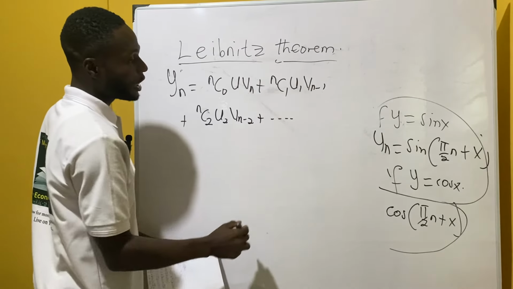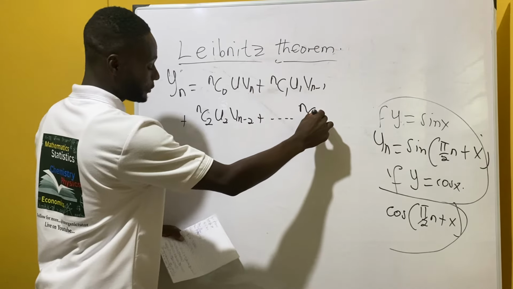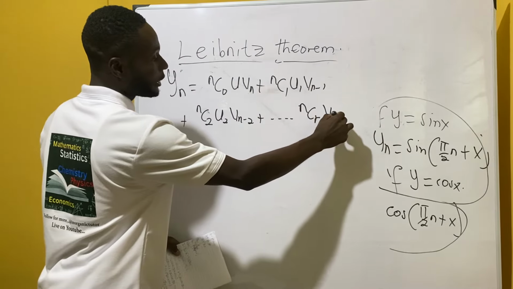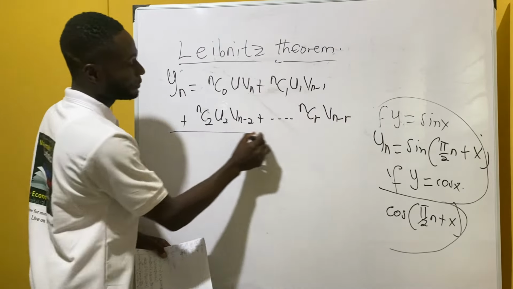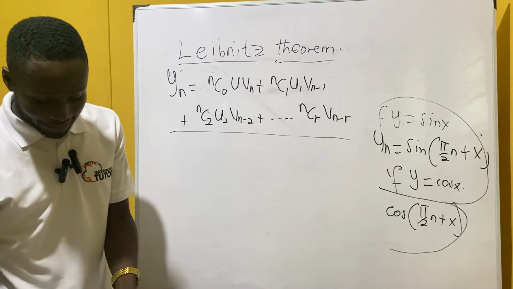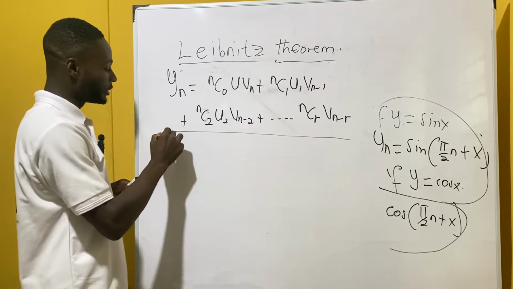This continues up to n combination r, u_r v_(n-r). And this is the theorem. And so we are going to consider this particular problem as to how we can solve it.